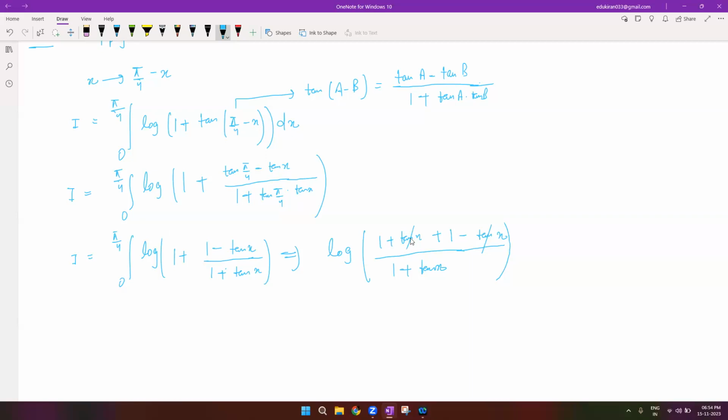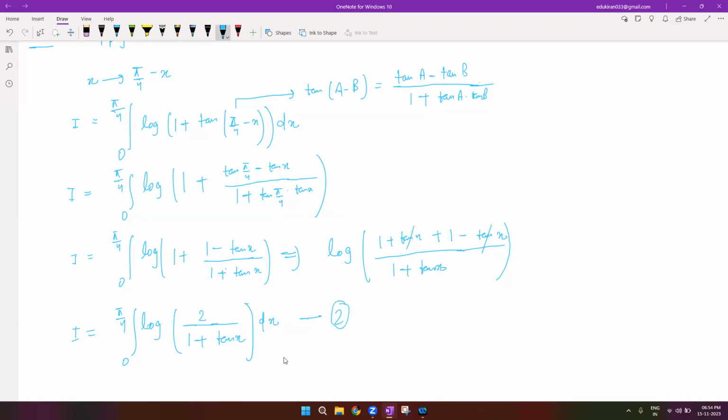So this becomes log of 2 upon 1 plus tan x dx. This is my second equation.